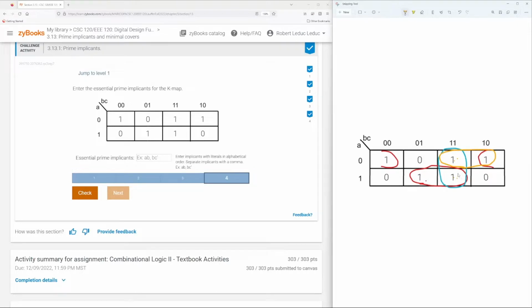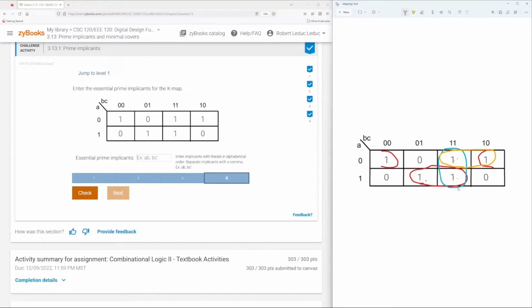However, these are not essential prime implicants. The reason they're not essential is because they are not the only largest circles that will cover these. The essential prime implicants should be the only largest circles for a particular minterm. So I will not include these.